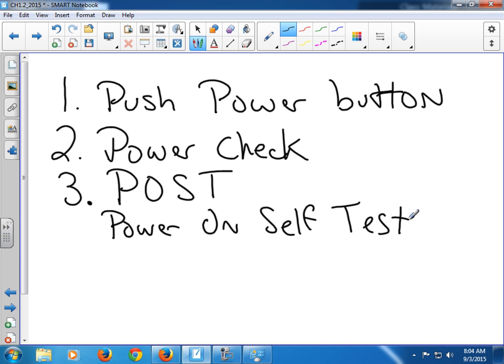I'll do it on this one right here because I've already got it all out. So it goes and checks for good power.